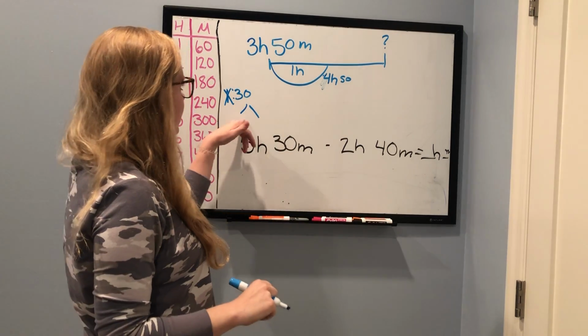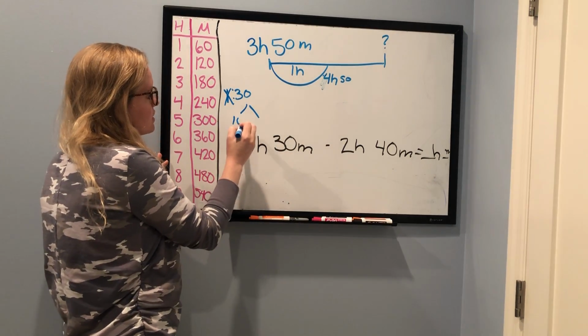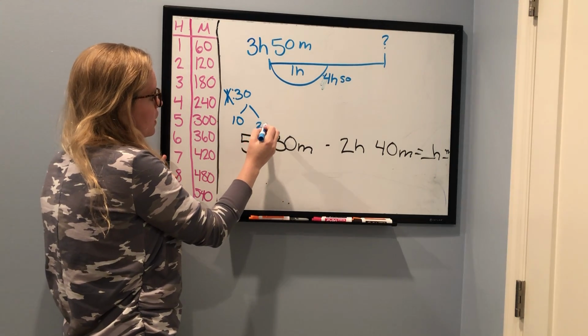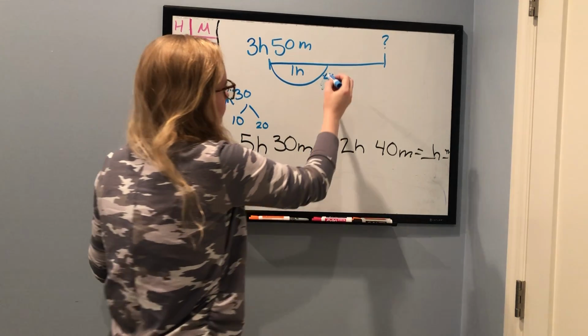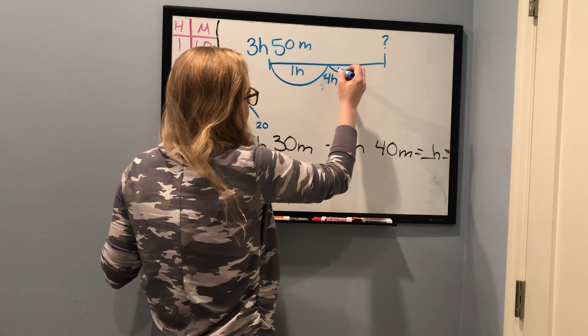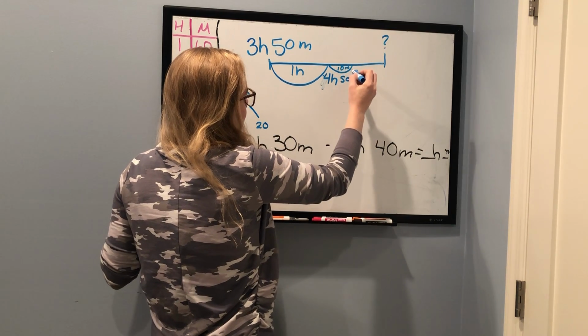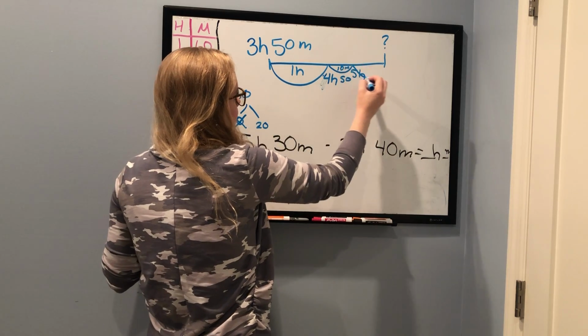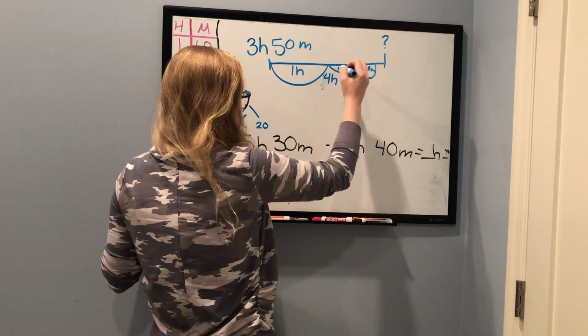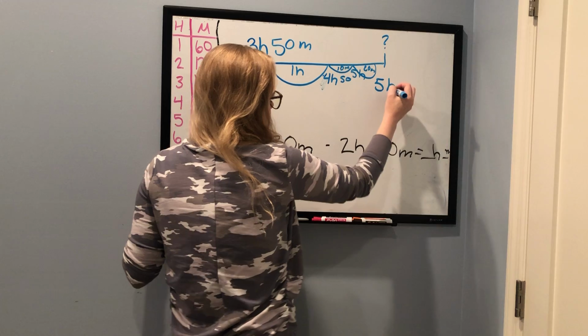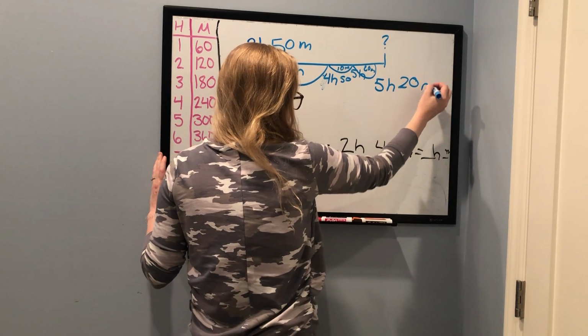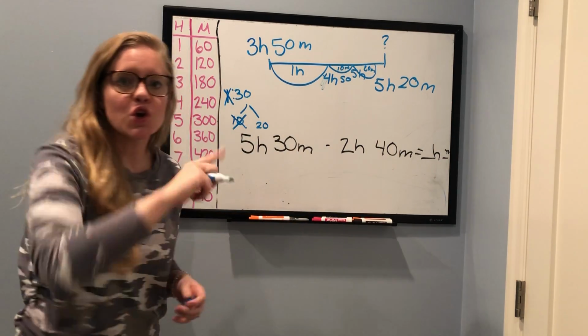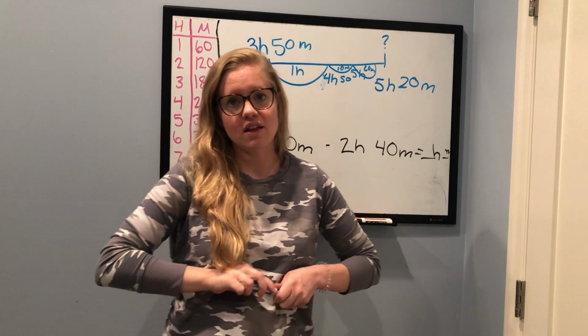We would break this 30 up into 10 minutes and 20 minutes. I'm going to do the 10 minutes first. Now we're at 5 hours. Then I'm going to add my 20 minutes, and we're at 5 hours, 20 minutes. Good old number lines, love them.